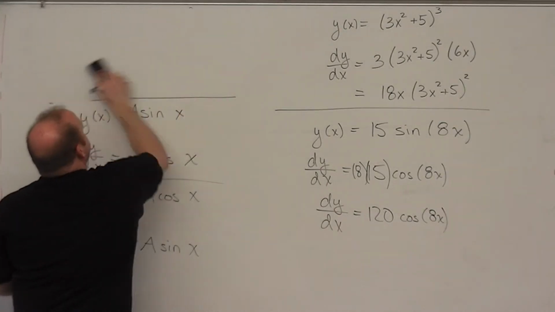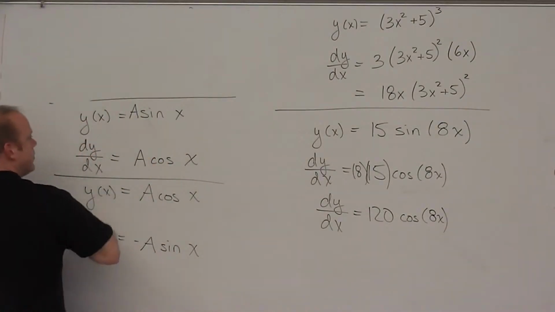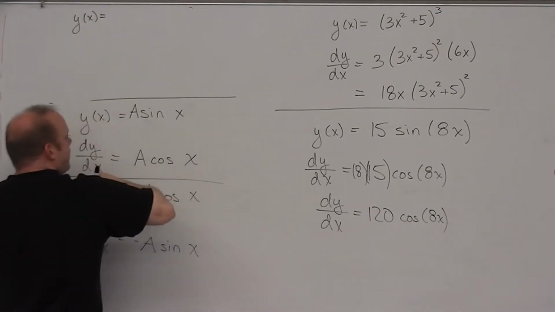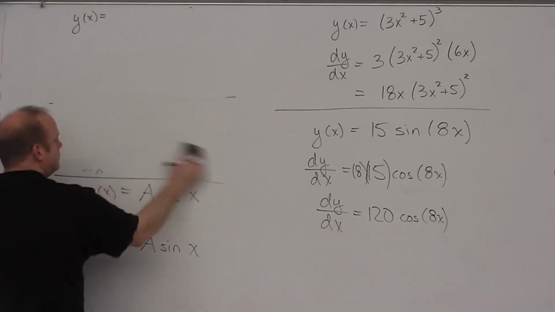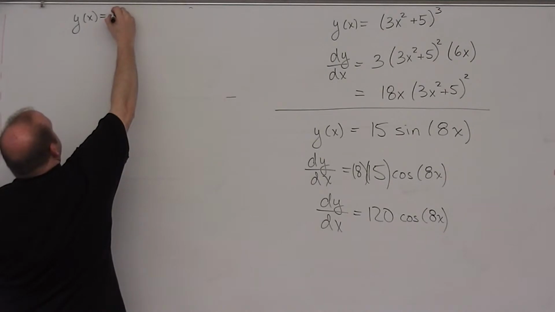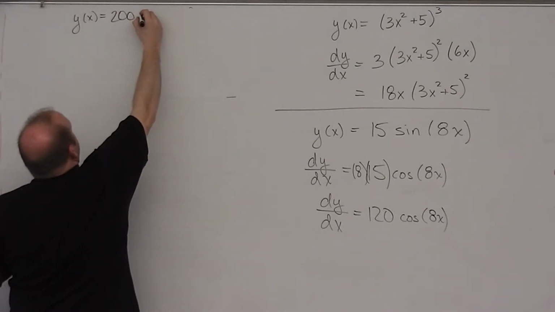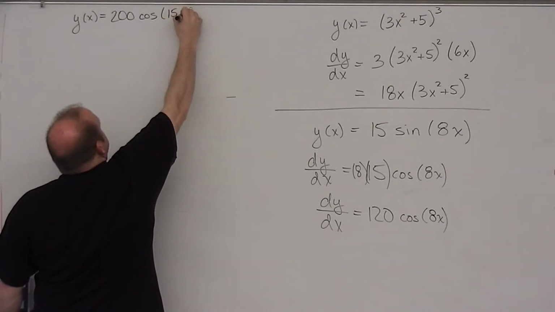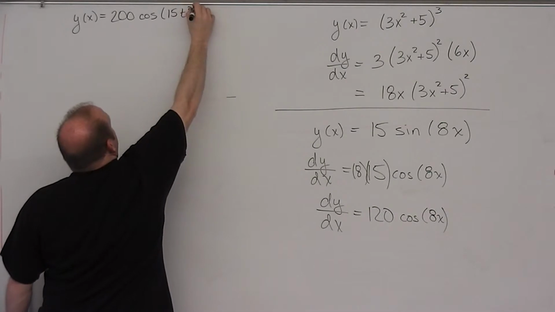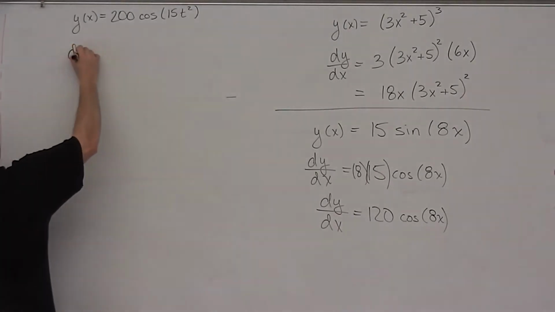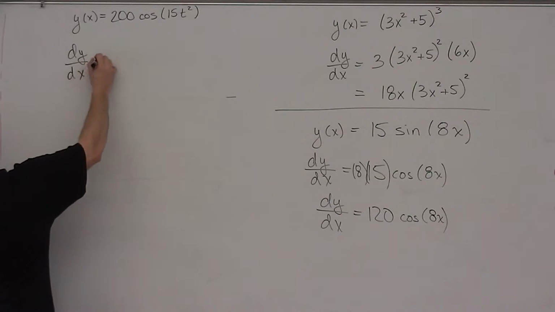Let's take a look at a cosine example. Say y of x is equal to 200 cosine of 15t squared. Well, we're just going to do what we did before, and we have the chain rule involved, just that the derivative is a little bit more complicated.